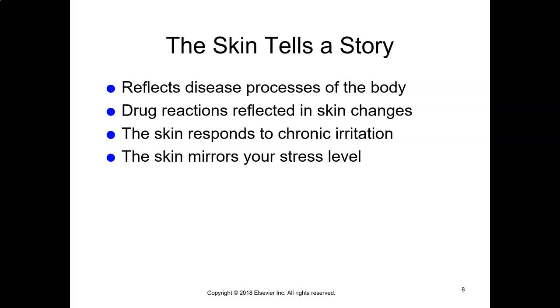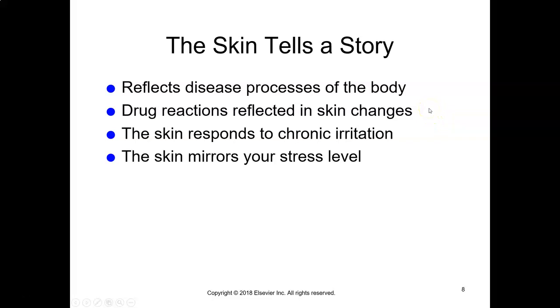And our skin tells a story. It reflects disease processes of the body. An example would be if someone had liver failure and their skin is a yellowish tone, that would tell us that they may be having liver issues of some sort. Drug reactions can be reflected in skin changes.